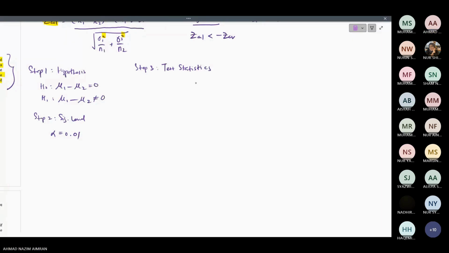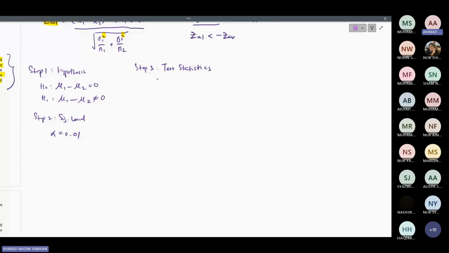Remember, for this one, the standard deviation of the population is not given, but what we have is the standard deviation of the sample.